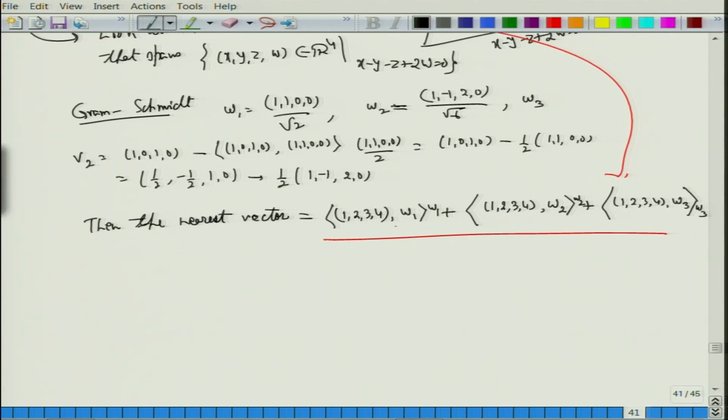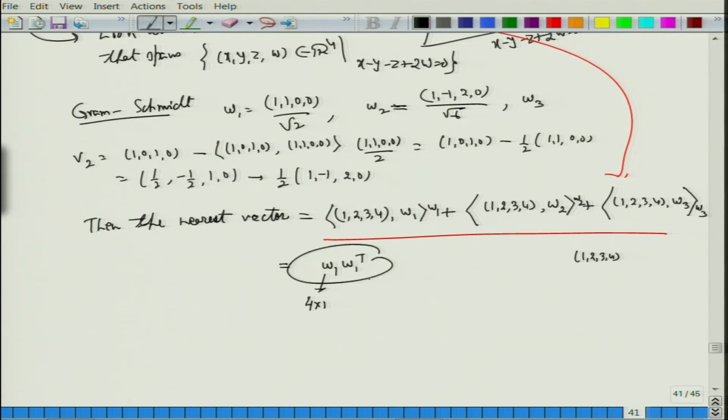If I want to write it, I can think of this as I have a vector here which is 1, 2, 3, 4, all right. I am looking at W1, which for me is a column vector. So, it is a 4 cross 1 vector, and W1 transpose.